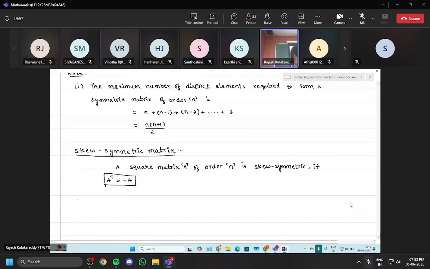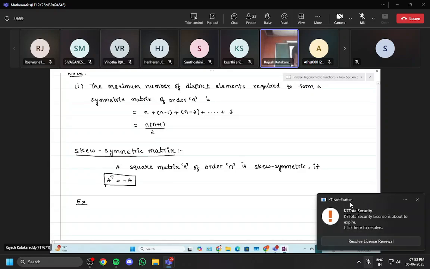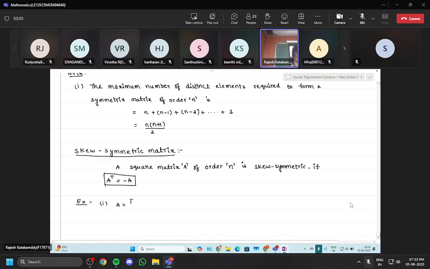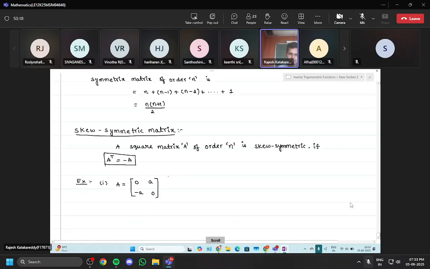Examples of skew symmetric matrix. Zero, A, minus A and 0. One thing you can observe in a skew symmetric matrix, the principal diagonal elements will always be 0.